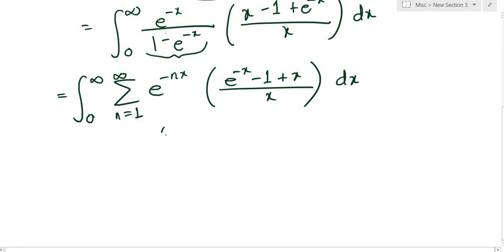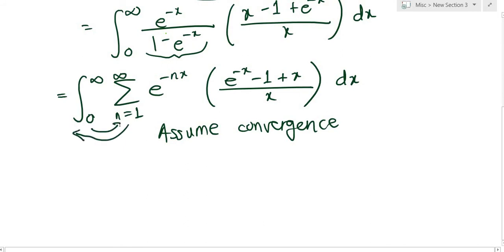Now we can assume convergence again. Why? Because then we can interchange these things, right? By assuming convergence. Otherwise you would have required the Fubini-Tonelli and dominated convergence theorems and all that. So I really want to omit that part for now.